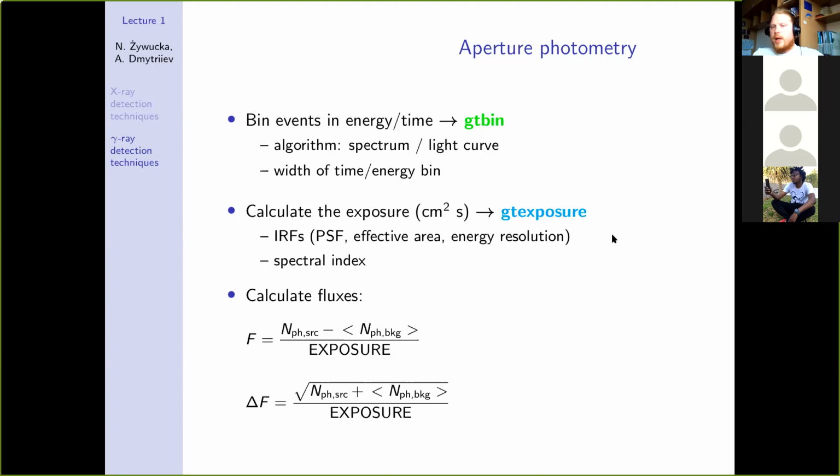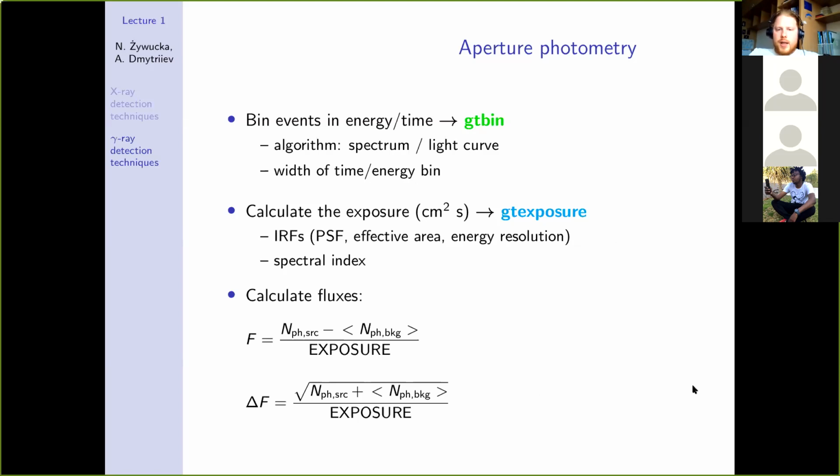It has to be narrow enough to have a detailed spectrum or light curve, but wide enough so that you have enough photons in there. You want for a spectrum or a light curve at least 30, 50 photons for good quality. Otherwise, the light curve will be very unreliable. So you adapt your binning to the statistics.